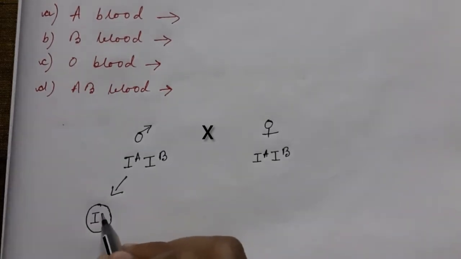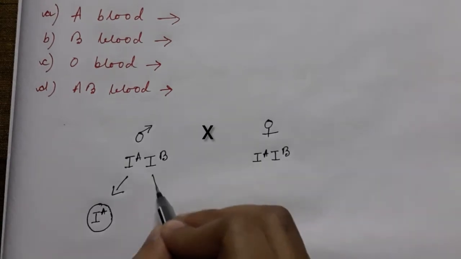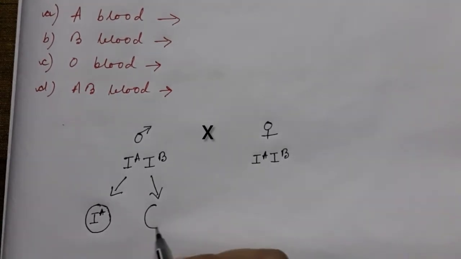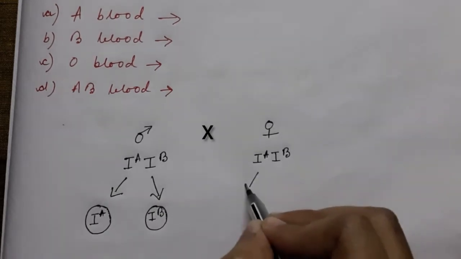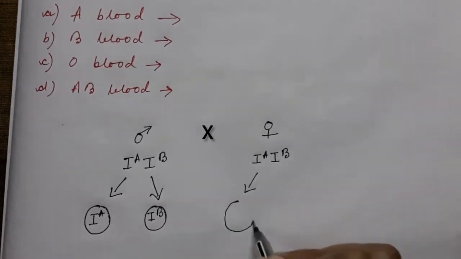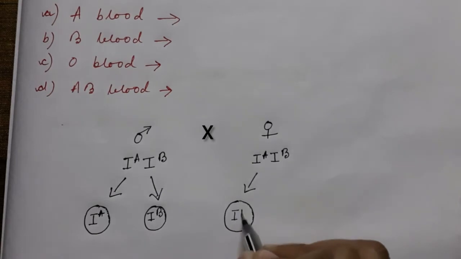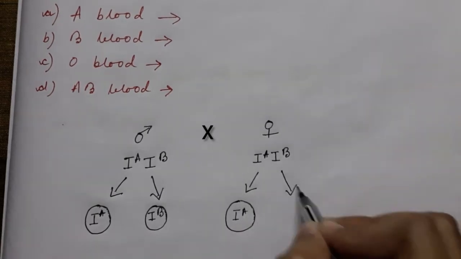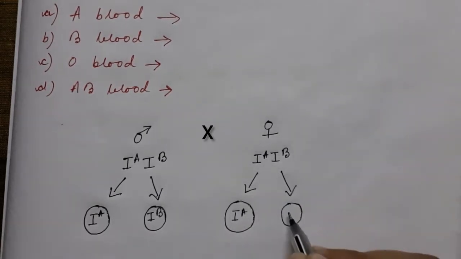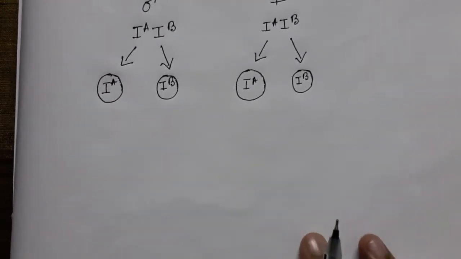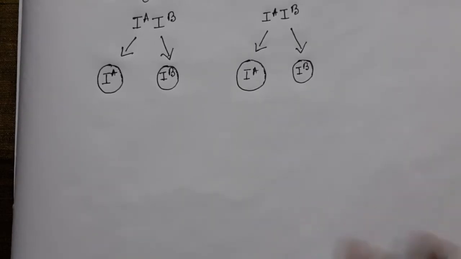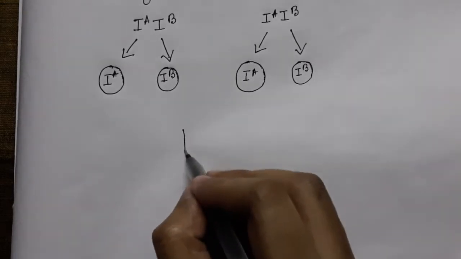So one of the gametes will carry IA and the other will carry IB. Here also one of the gametes will carry IA and the other will carry IB. Now, by making use of Punnett square, we can easily solve this problem. Let's do it.